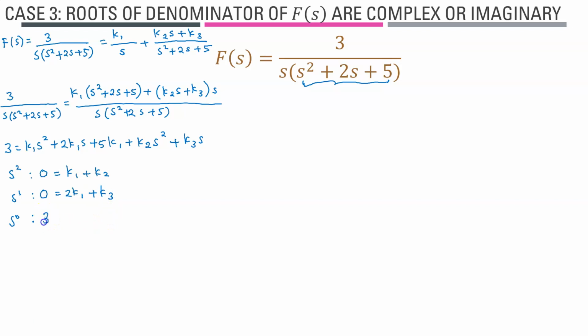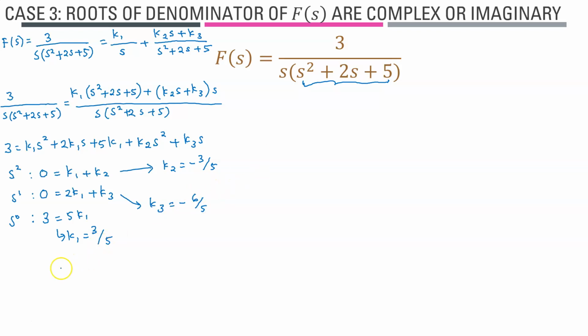And for this one, you have 3 equals 5K1. So from here K1 equals 3 over 5, K2 equals minus 3 over 5, and K3 equals minus 6 over 5.